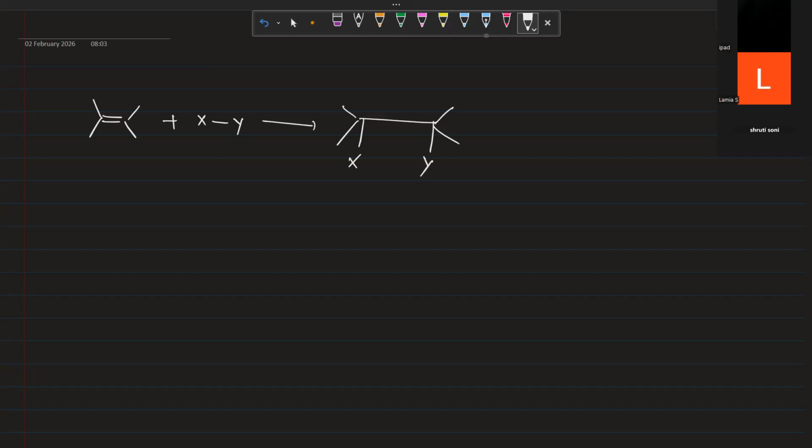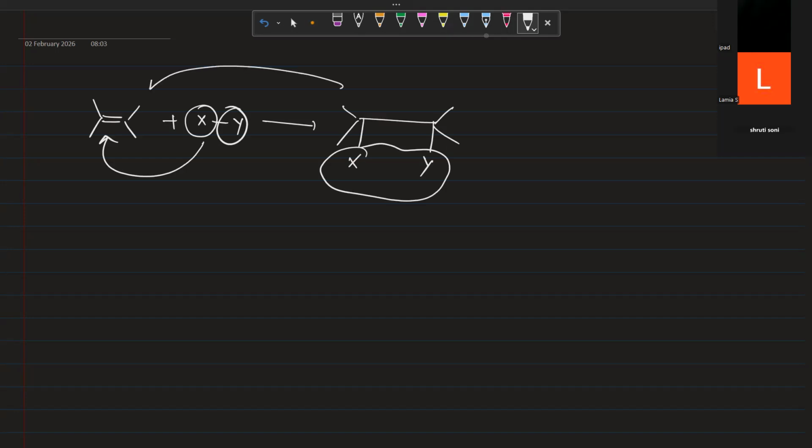This is an addition reaction, when two atoms attach to the double bond. Elimination is when two adjacent elements are removed. So addition and elimination are reverse to each other.